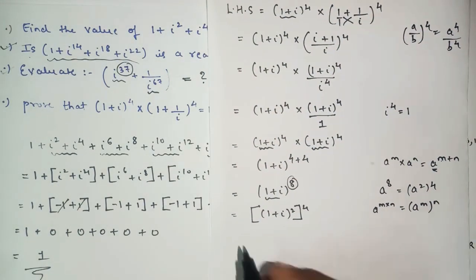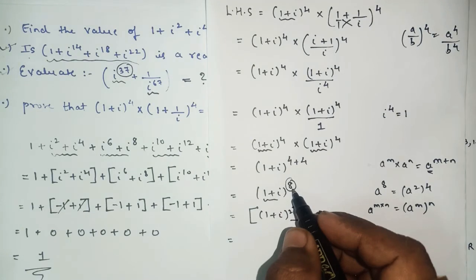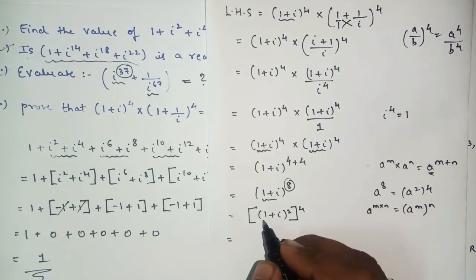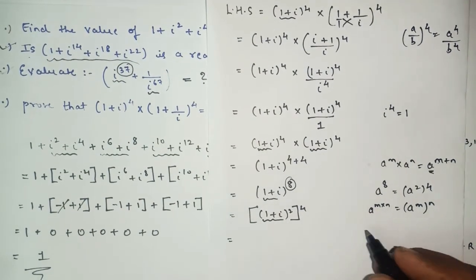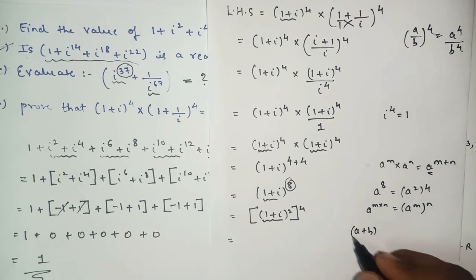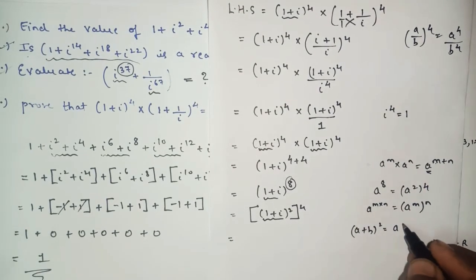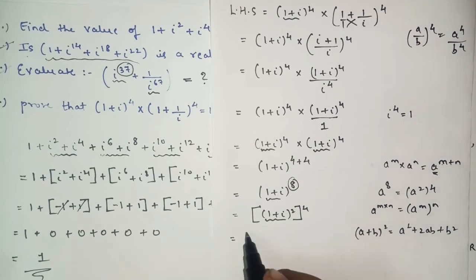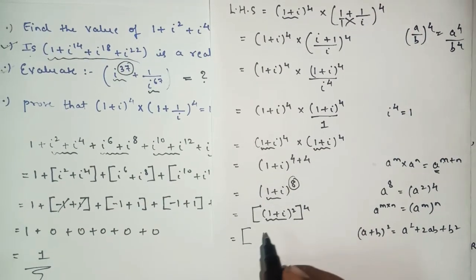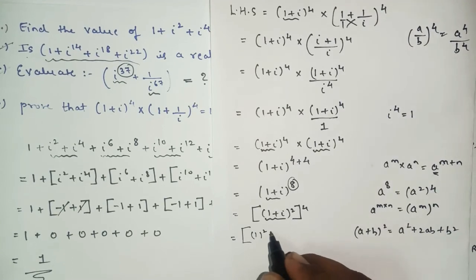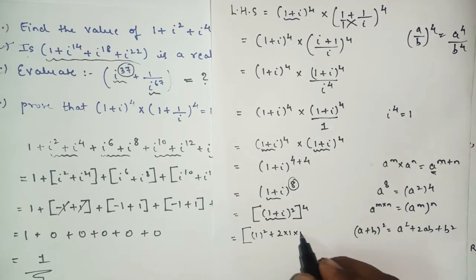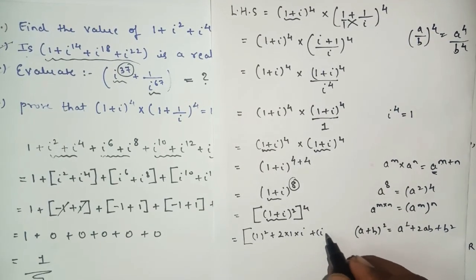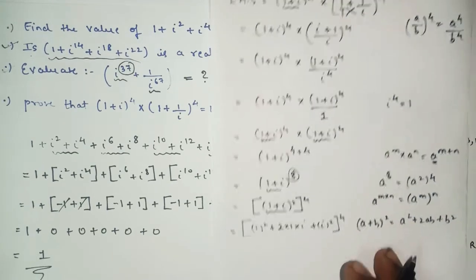Okay. So now I have converted this 8 with respect to 2, and we know that a plus b the whole square formula is a square plus 2ab plus b square. So here we can apply the formula a plus b the whole square. So it is a square plus 2ab plus b square, the whole raised to 4. Yes or no?